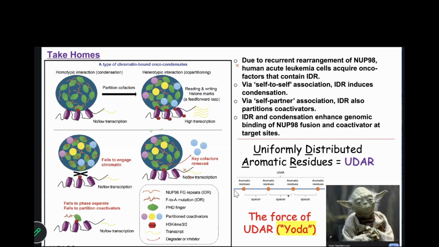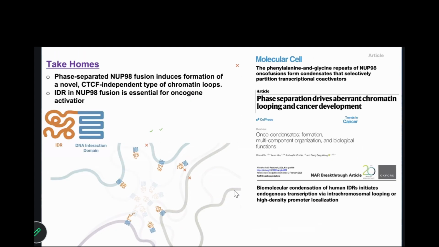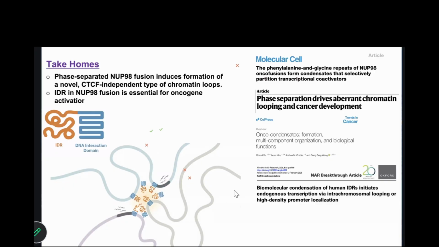This motif has a lot of power. On one side, using self-self interaction, it can induce condensation, and simultaneously, through self and partner association, it can also recruit and partition the coactivator. On top of that, it can also rearrange the 3D chromatin genome.